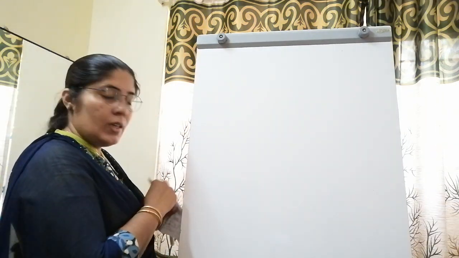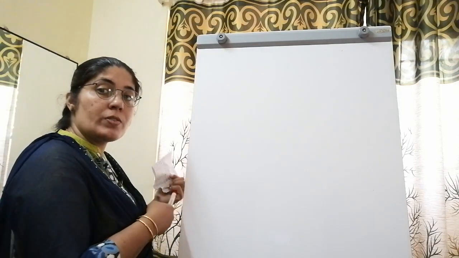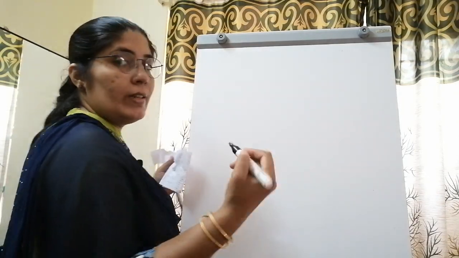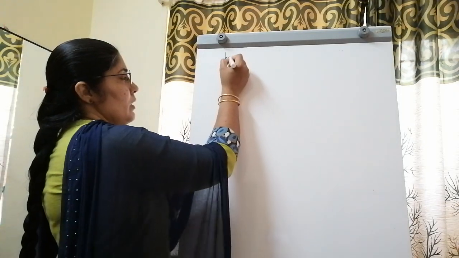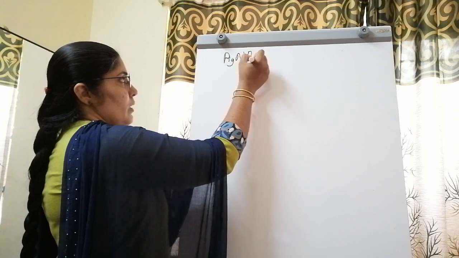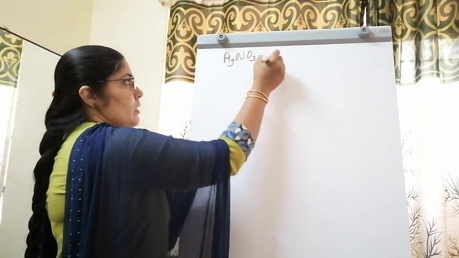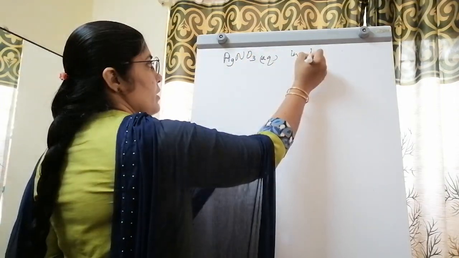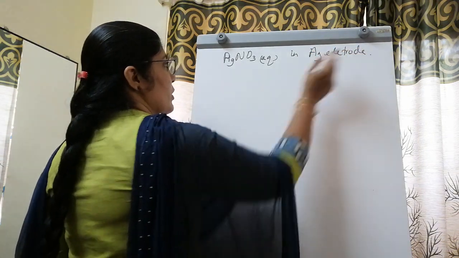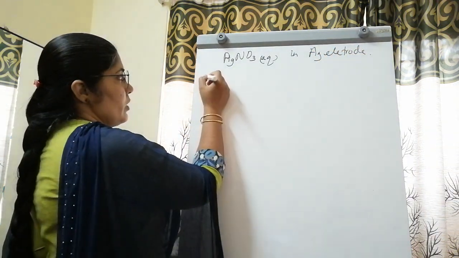Let's take the electrolysis of silver nitrate in the presence of a silver rod or silver electrode. So we are taking aqueous AgNO3 here, with silver electrodes. So let's check on here.